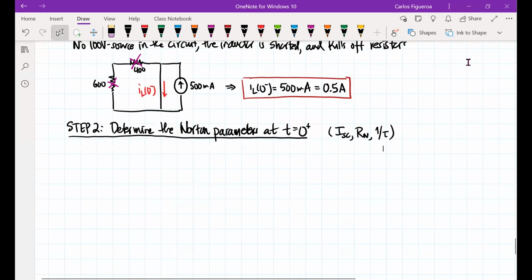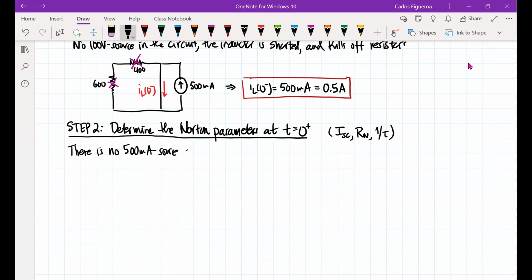At this point, there is no 500 milliamp source, and the 100-volt source is active. So when I look at my circuit, I'm really looking at a circuit that looks something like this.